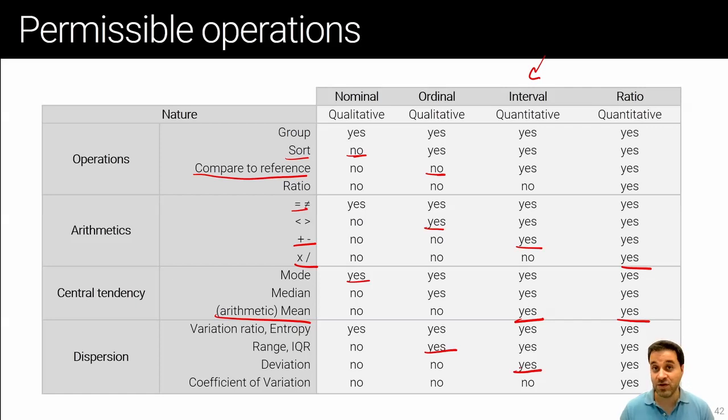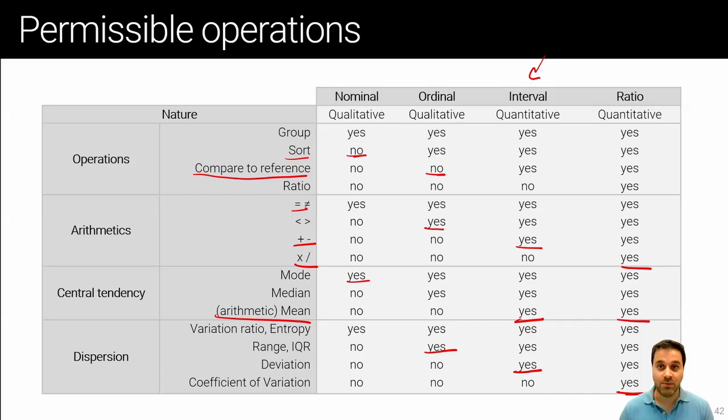And for things like the coefficient of variation, which, if you remember, was dividing the standard deviation by the mean, we need the variable to be at least ratio. So you see, it's not just being picky with whether our variables are nominal, ordinal, interval, or ratio. Depending on their nature, and how we measure them, we are going to be allowed to do one thing or another.